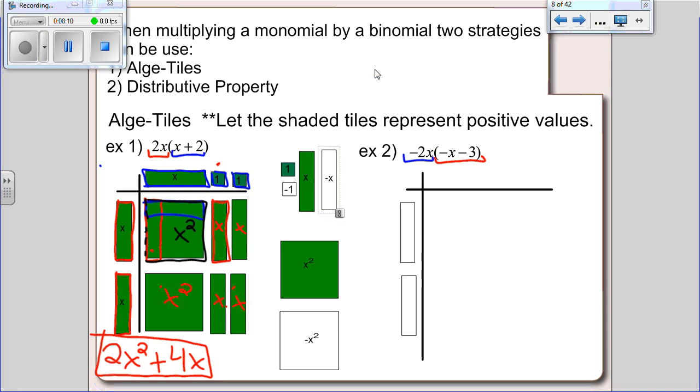Thank you. So if we were to set this up, that would be my negative x. And then I would have 3 of these guys: 1, 2, and 3.